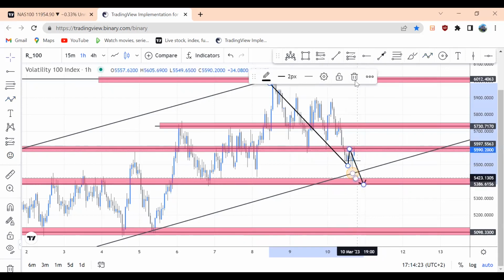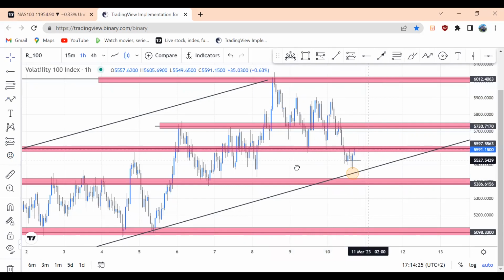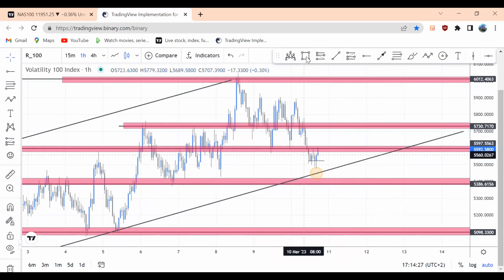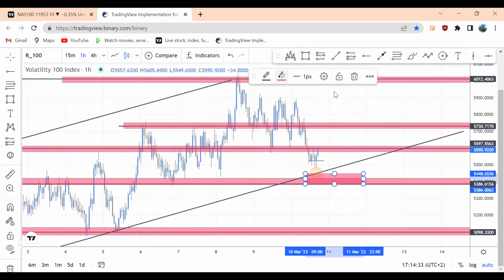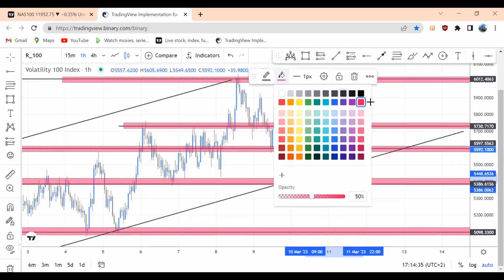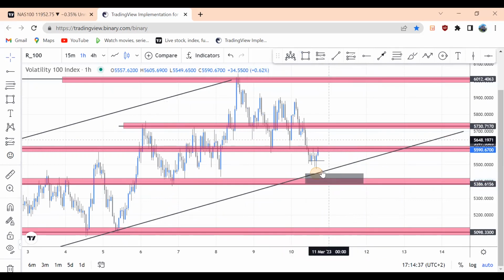the reason I won't place a trade here is because we have a confluence trading zone. Let me highlight it in black, a different color. This zone, where our trend line meets our support or resistance, is a very high confluence zone.